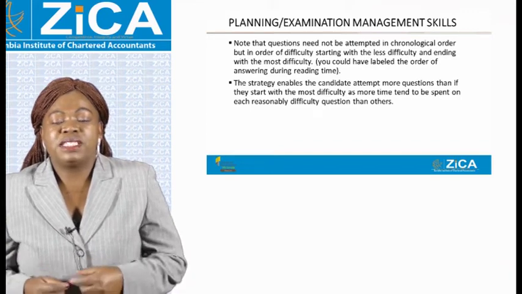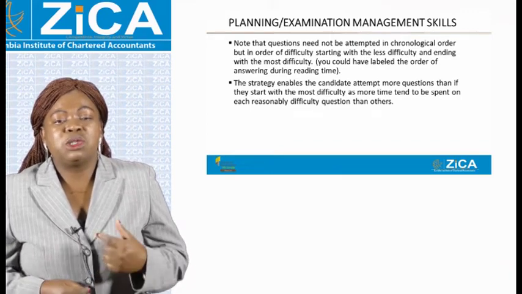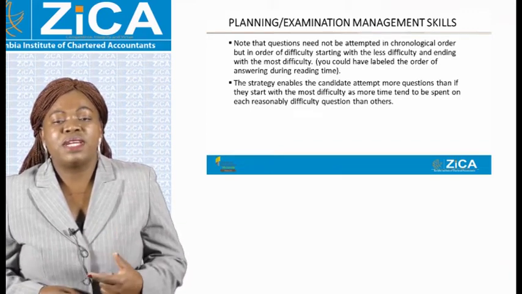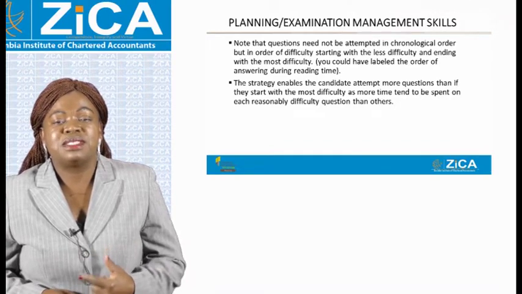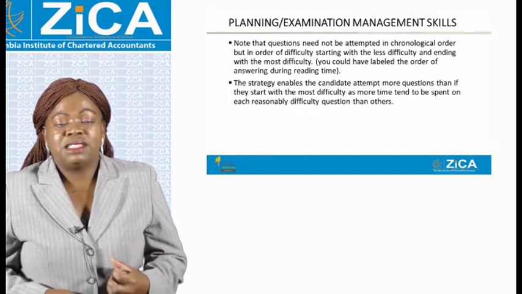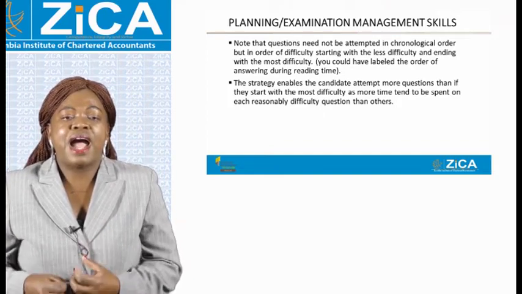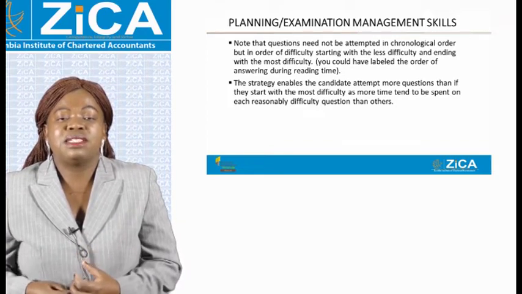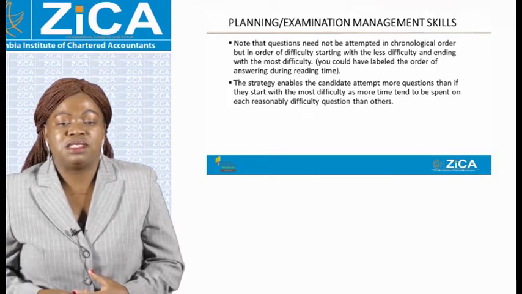If question 4 is the next easiest, you rank it 2 for the purpose of the order in which you are going to attempt these questions. That way, you are at an advantage of achieving higher marks when you attempt these easier questions first.